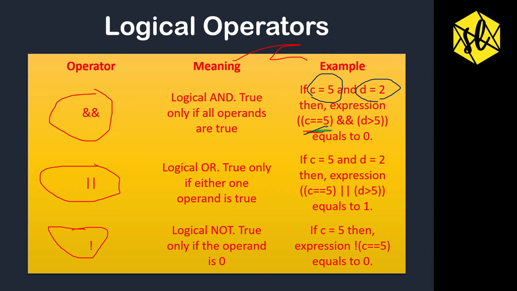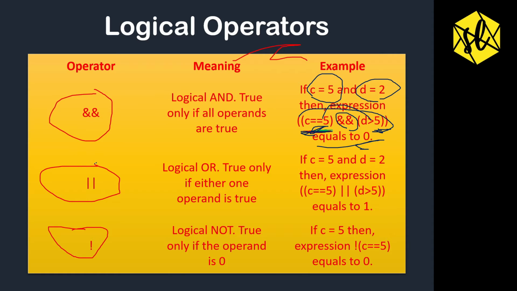Now we will see, C is equal to 5, this one is true, and D is greater than 5. Because this and is present here, both the expressions should be true for the whole expression to return 1. Here this one is true but not this one, thus resulting in 0 returned here.